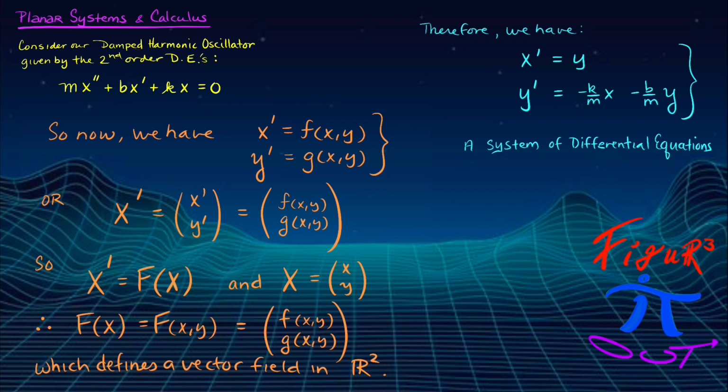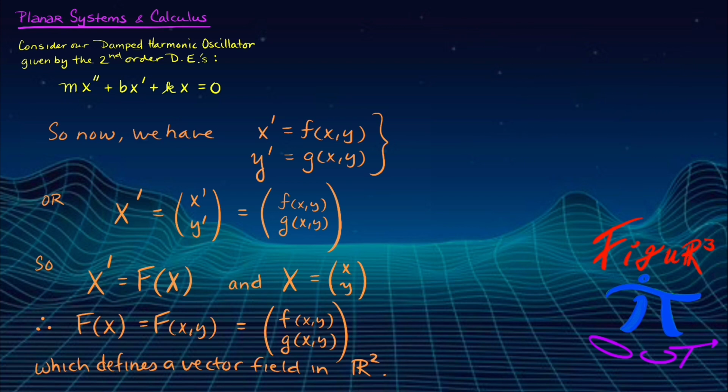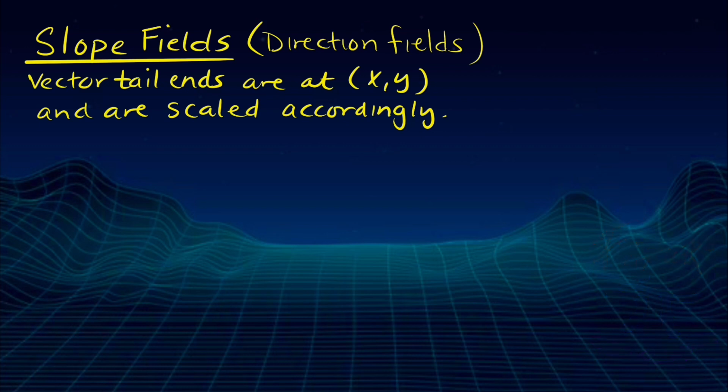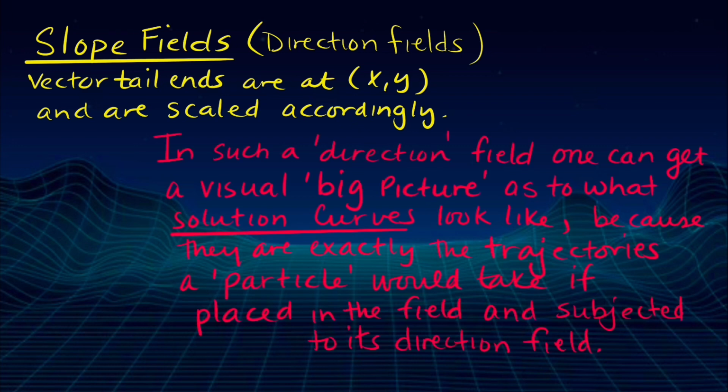And so we can then use this to visualize a system of derivatives as a vector field with a slope or direction field associated with it. Slope fields or direction fields have the vector tail ends at the coordinate points x, y and are scaled accordingly.